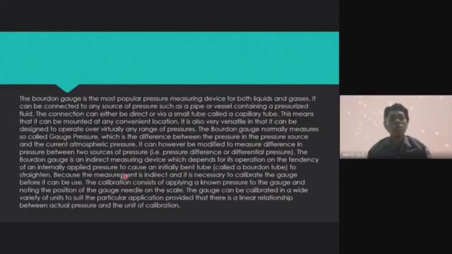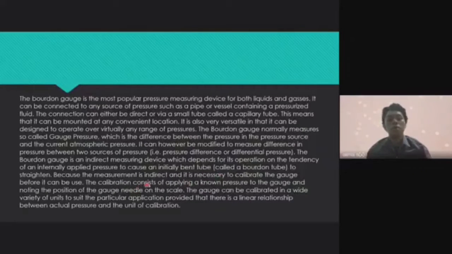The Bourdon gauge is an indirect measuring device which depends for its operation on the internal applied pressure causing an initially bent tube, called a Bourdon tube, to straighten. Because the measurement is indirect, it is necessary to calibrate the gauge before it can be used.